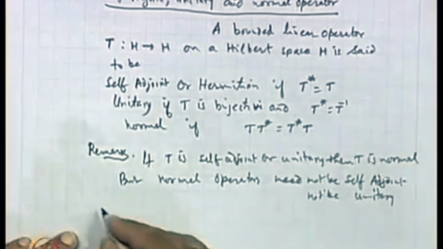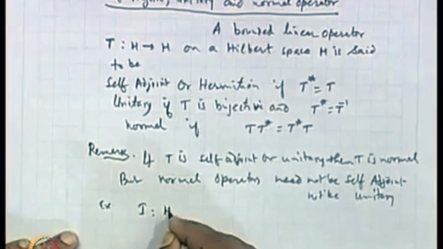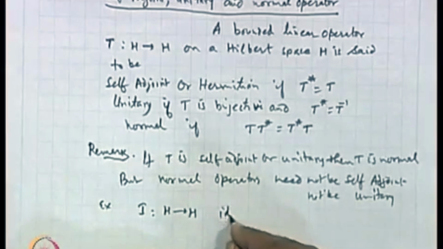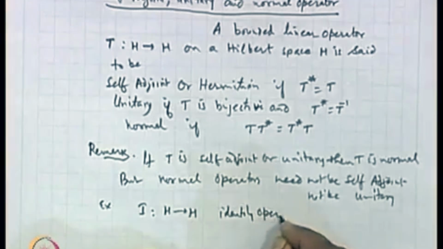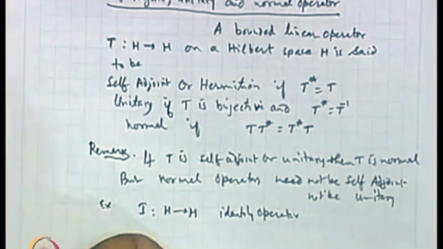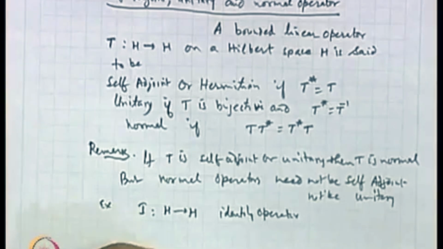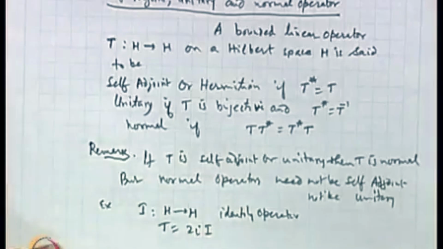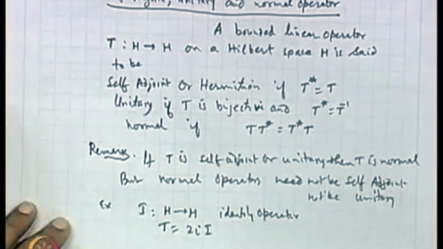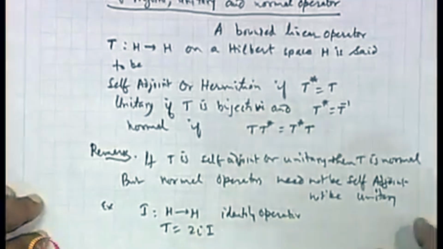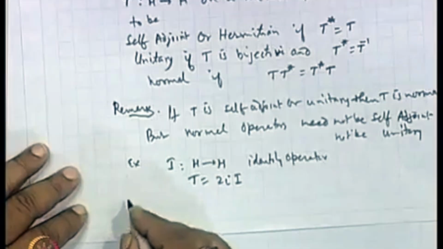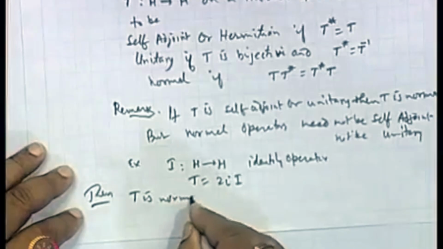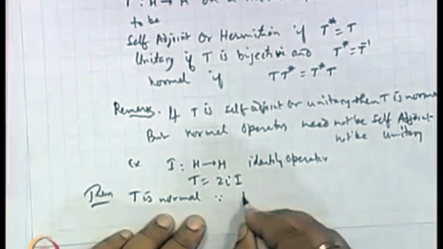For example, consider the identity operator I from H to H, and let T be 2i times I. Then what we claim is T is normal. Why normal? Because what is T star?